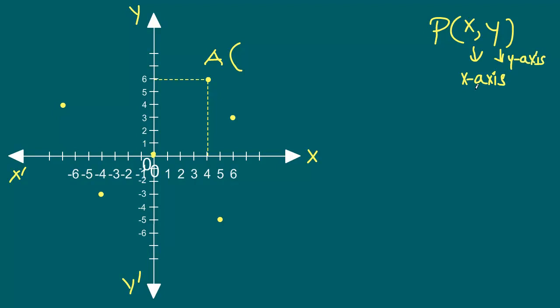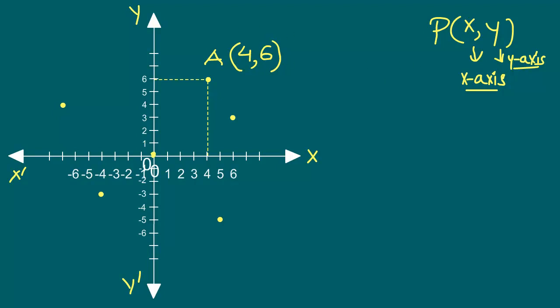So we can try to remember it this way. x for how much along the x-axis, y for how much along the y-axis. So A's x-coordinate will be how much along the x-axis, which is this length. It looks like it is about 4. And then the y-coordinate is going to be this length, how much along the y-axis. It looks like about 6. So we say the coordinate of our point A is (4, 6).